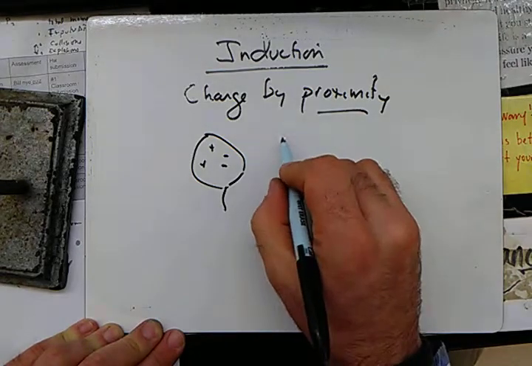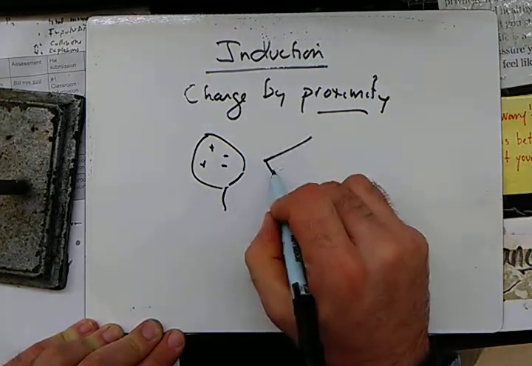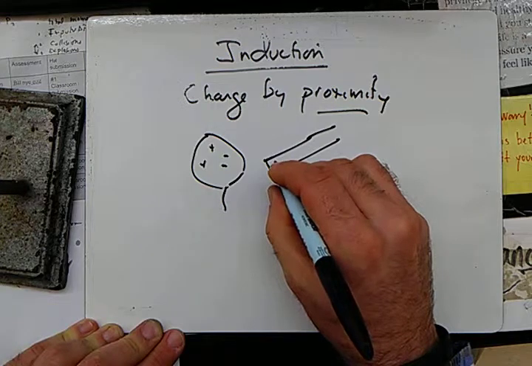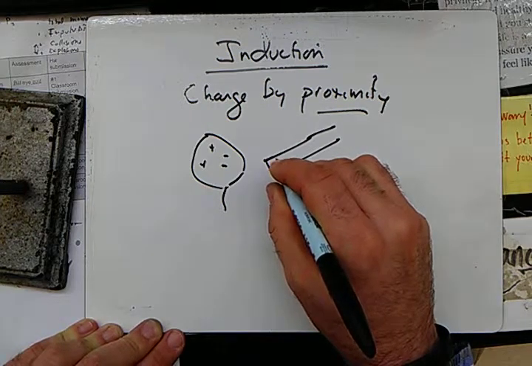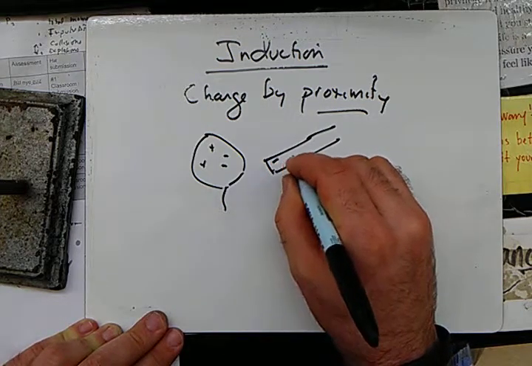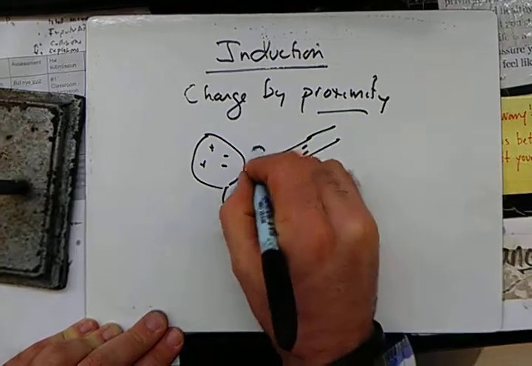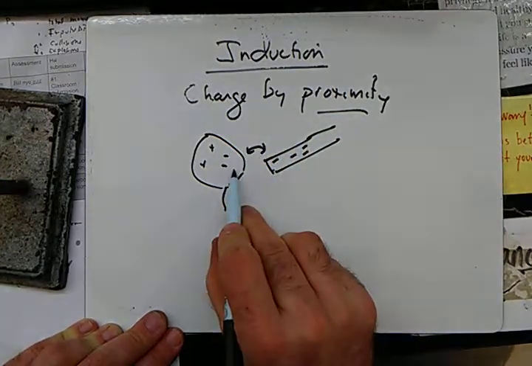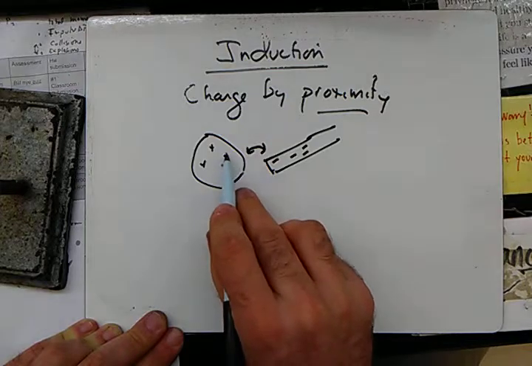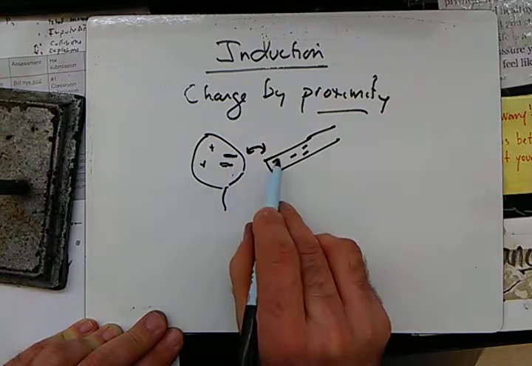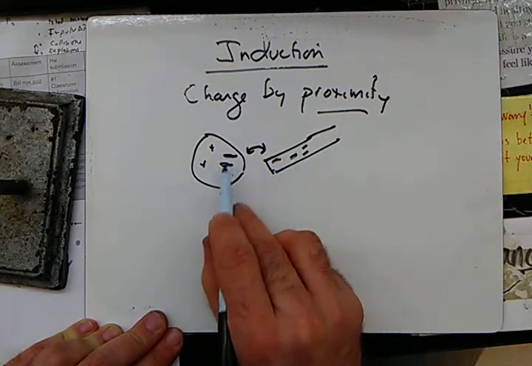Okay, and then you take, let's say, a rod here that's negatively charged. You place it in proximity to this sphere. Now, what do you think is going to happen with these negative charges and these negative charges?